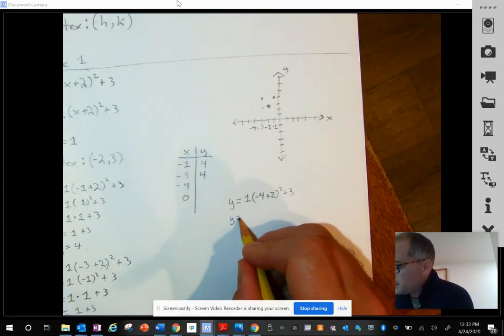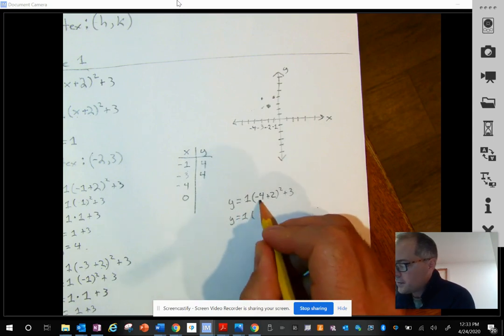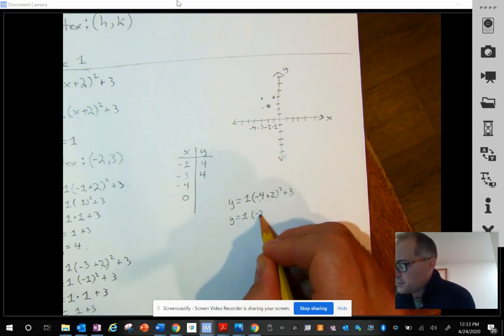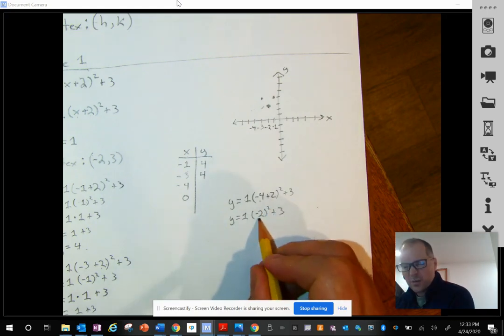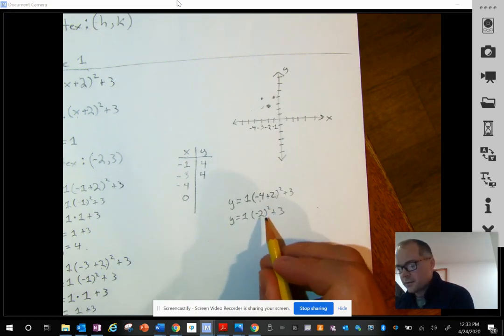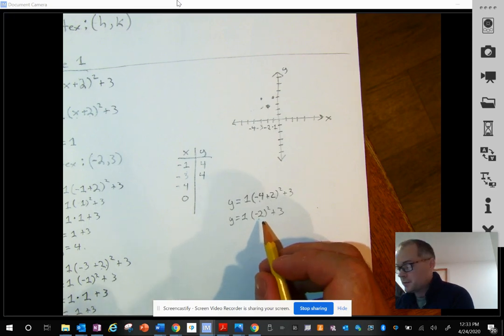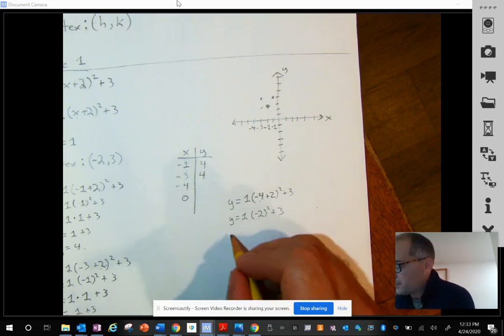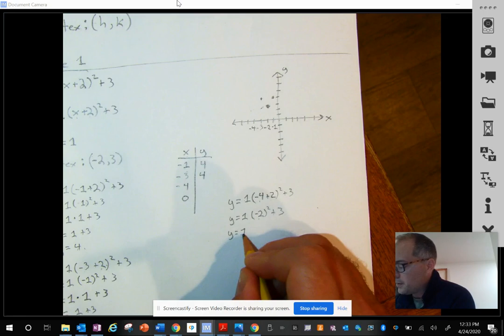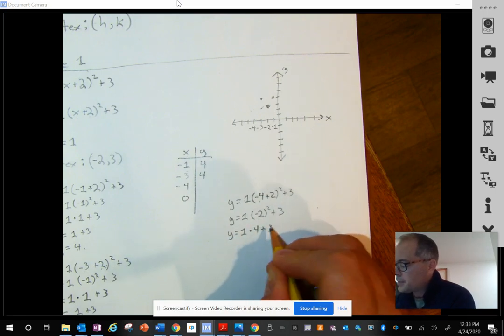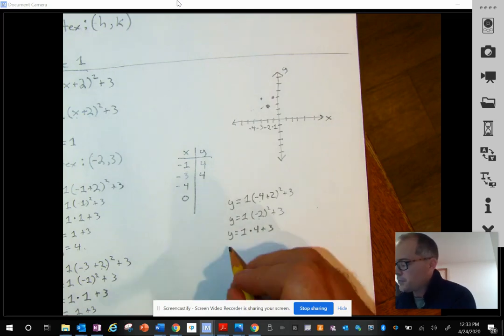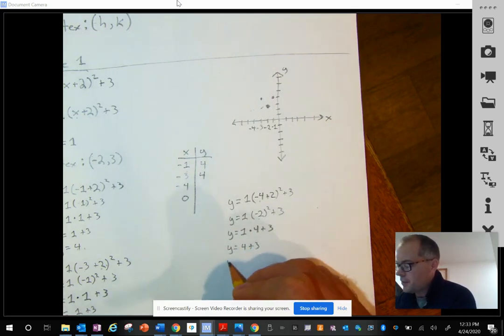So y equals 1 times -4 plus 2 is -2 squared plus 3. -2 squared is -2 times -2. Two negatives equal a positive, so this would be +4. So y equals 1 times 4 plus 3. 1 times 4 is just 4. 4 plus 3 is 7. So y equals 7.